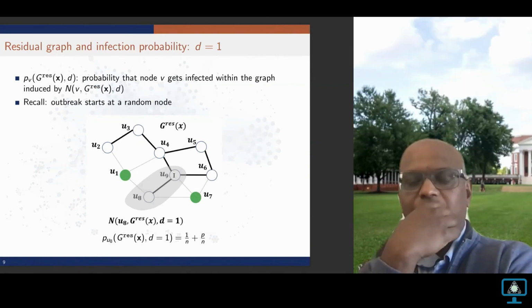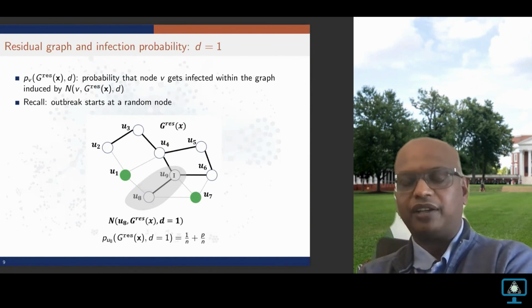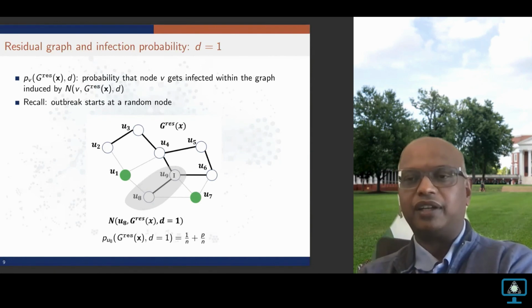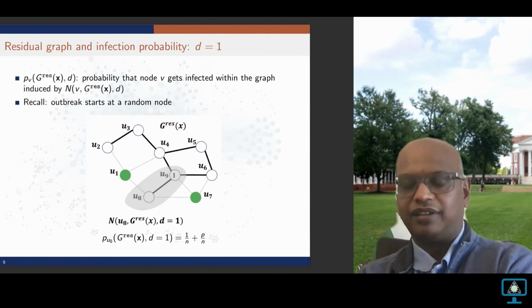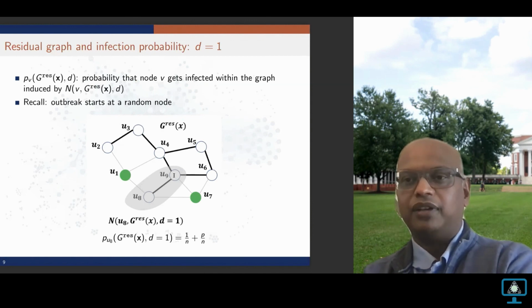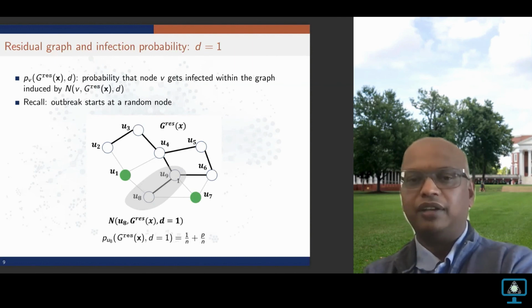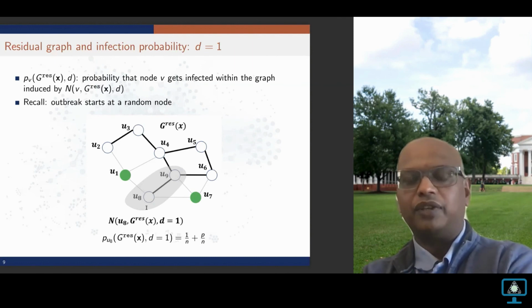Yeah, you can think of it like that. Right now it's making that decision at time 0, right? The disease hasn't really happened. People have decided who are going to get vaccinated, and that information is available. In its cost-benefit analysis, it's looking at this neighborhood and deciding. So its one-neighborhood is U1, U7, U9, right?